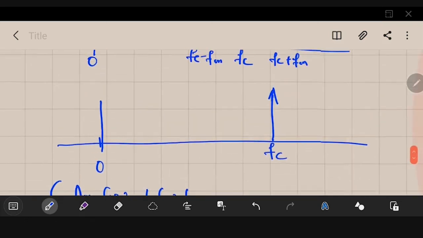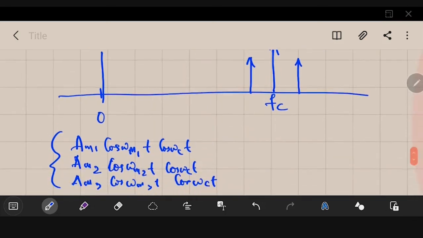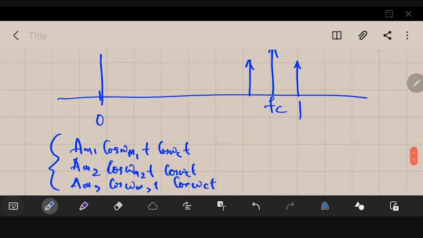If we try to plot these signals, they will be visible on the spectrum like this. Here you will find these two impulses that you see. This is basically the fc plus fm1, that means the omega m1 term, and this is basically the fc minus fm1.